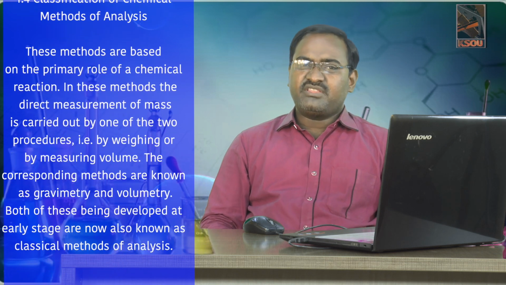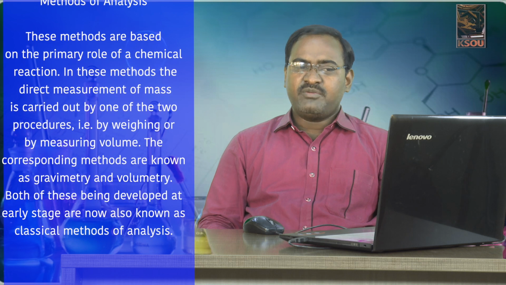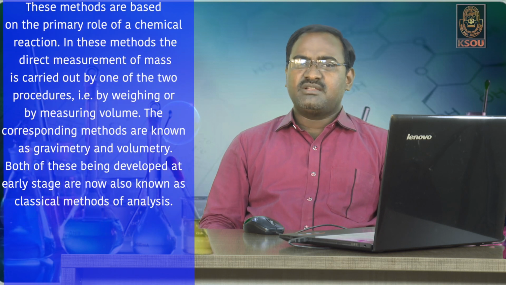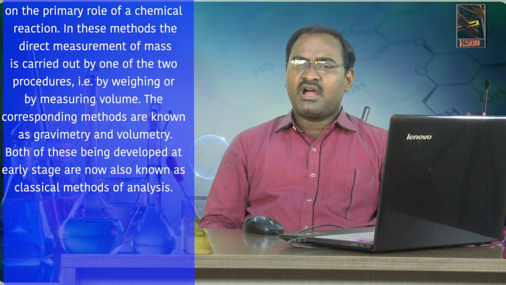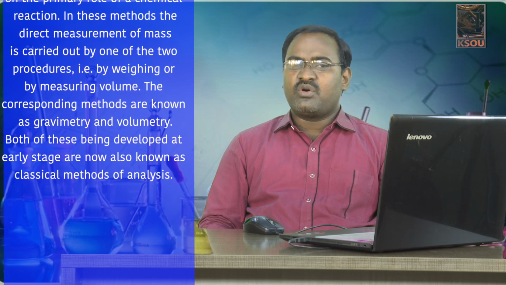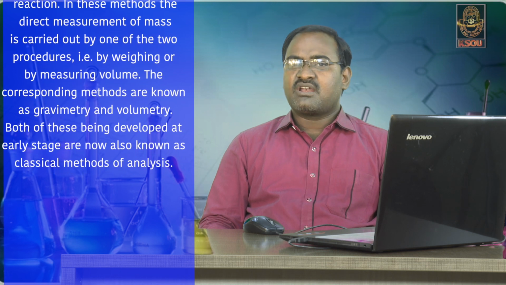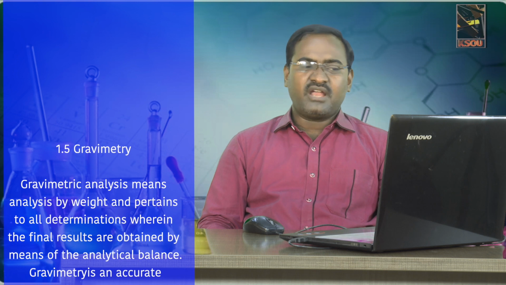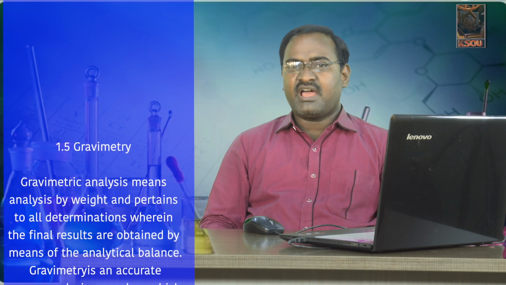The corresponding methods are known as gravimetry and volumetry. Both of these, being developed at an early stage, are also known as classical methods of analysis. First, we come to gravimetric analysis.